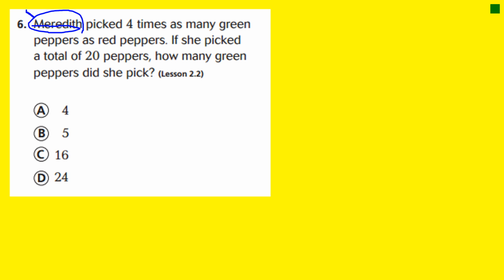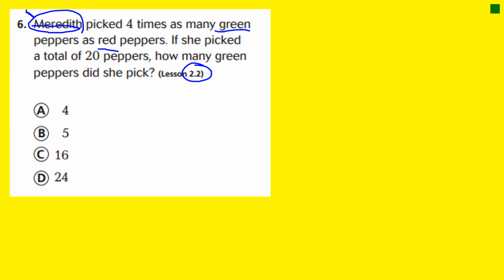All right, lesson 2.2. Remember these, boys and girls? We used boxes or little squares to make equal sets. Okay, thinking back on that. So Meredith picked 4 times as many green peppers as red peppers.